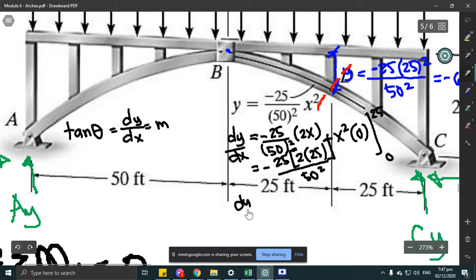So, what will be the answer for dy over dx? So, ang na-answer niya is negative. So, the negative sign again indicates na ito is opening downward or pababa yung buka. Ano sagot dito? Negative 25 times 2 times 25 over 50 squared.